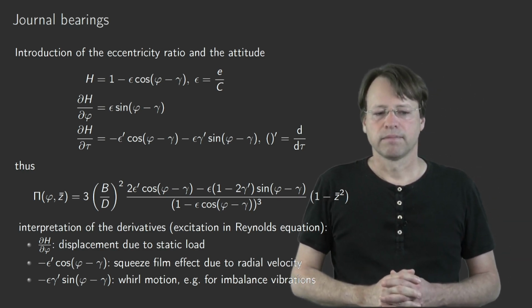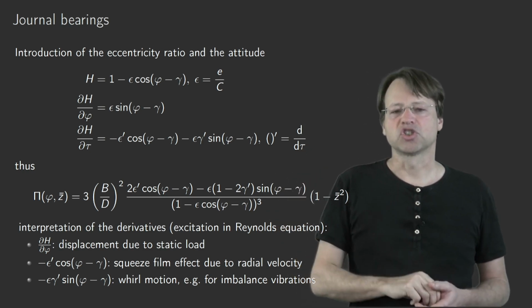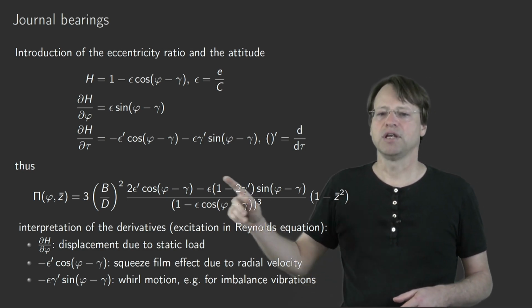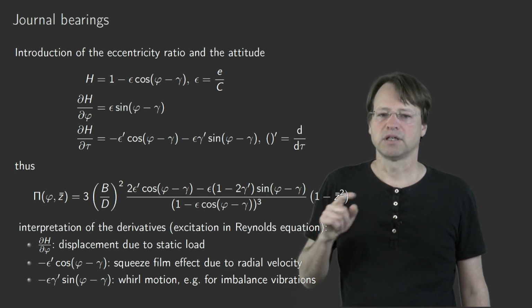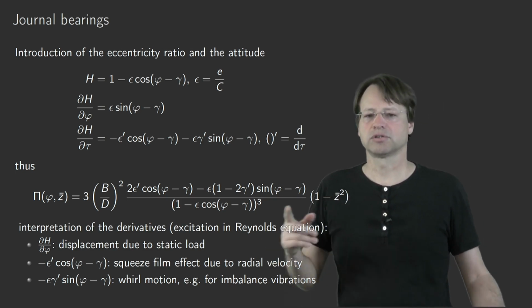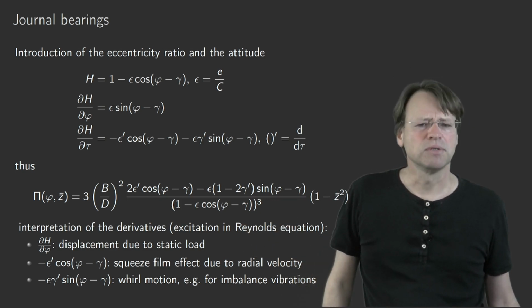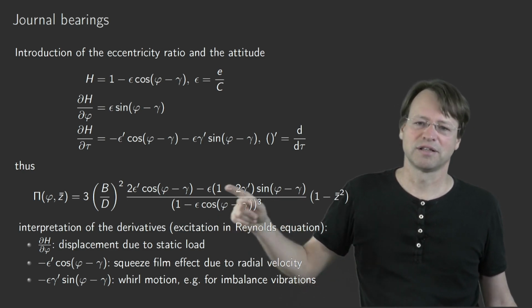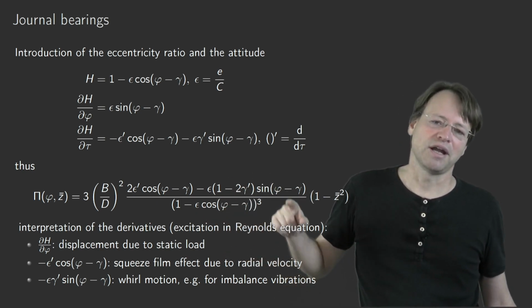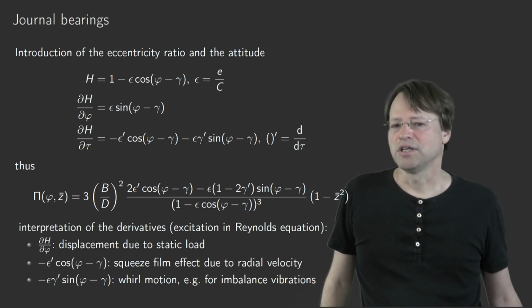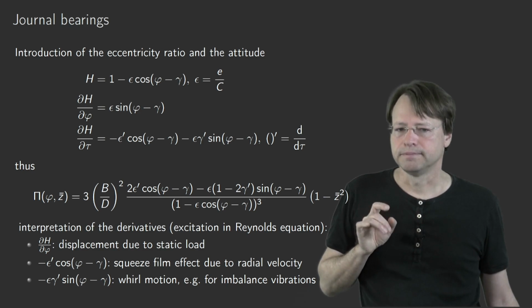Well, now what we have to do is we have to obtain the restoring forces by integration of that pressure field in axial direction. That's easy, just a simple polynomial. And in circumferential direction, it seems to be a little bit more difficult due to the fact that well, you have nonlinear functions of phi, and you have a denominator that is not very nice.